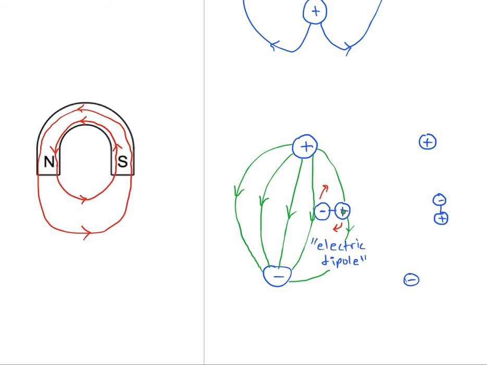If we ignore the field created by the dipole itself, then we can see that the dipole would want to align itself with this external field, which I'll call E external. In this picture here, we see that it is very much aligned with the field.